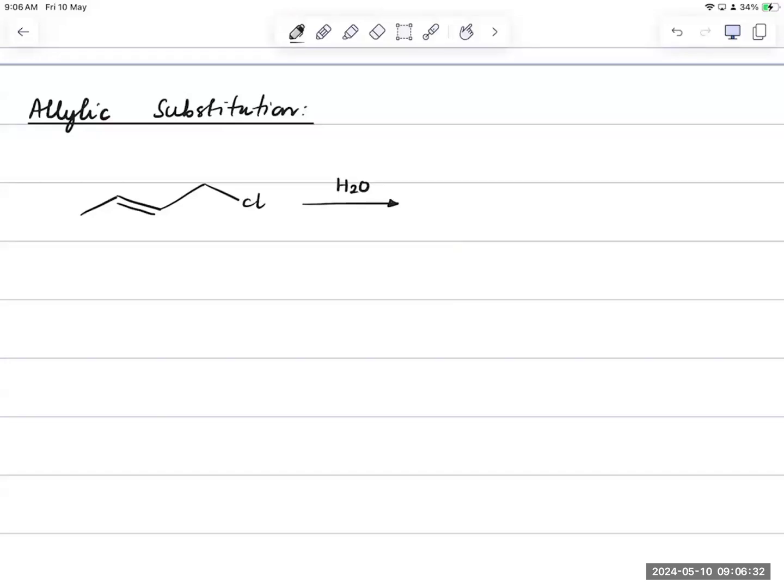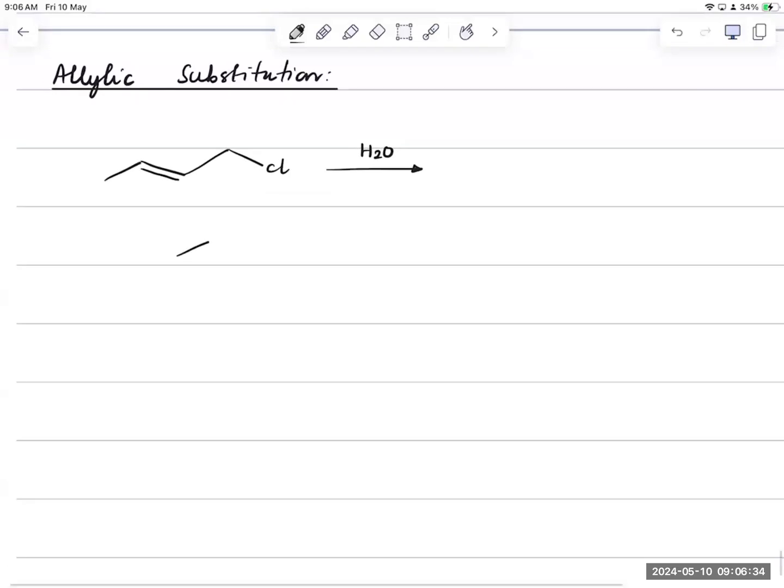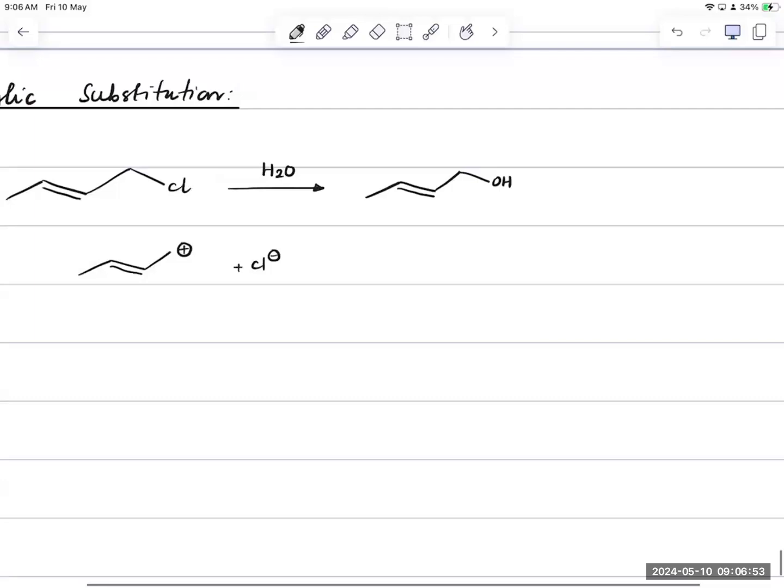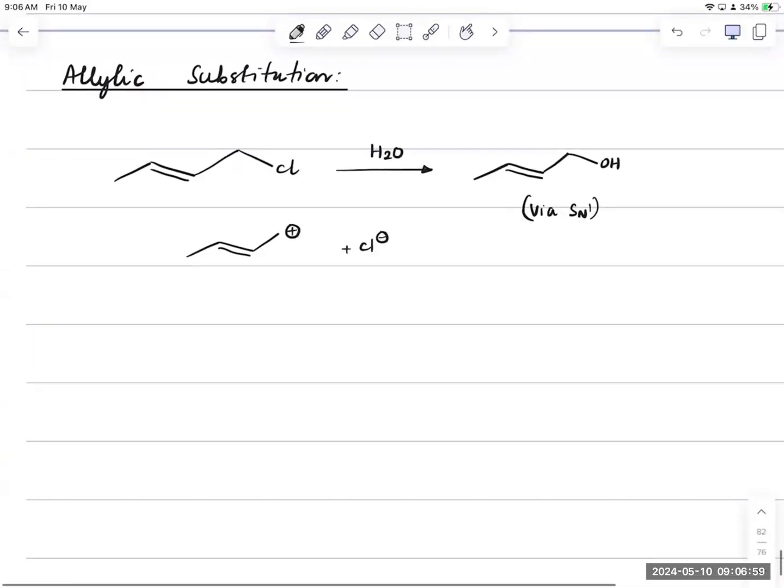Okay. So because allylic carbocation is more stable, I can expect that positive charge will be formed here and Cl minus will leave here. Because positive charge is forming, I can expect this to come as OH here, OH like this, and this is via mechanism SN1 because you're attaching on the same position.